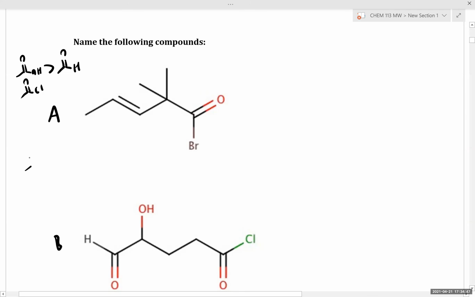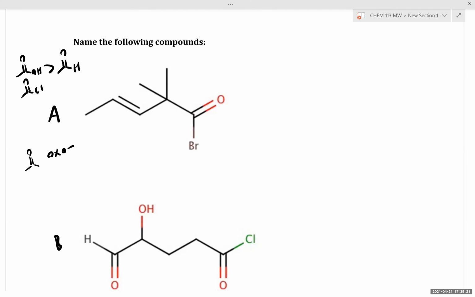Further, just as a reminder, if you have a carbonyl, be it from a ketone or aldehyde, you use the oxo prefix. So let's take a look at these compounds, and let's try to name these compounds following IUPAC nomenclature methods. And I'd like students to share their proposed responses in the chat, verbally, or annotated directly on the class whiteboard.